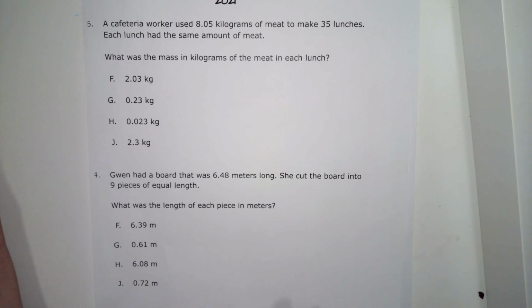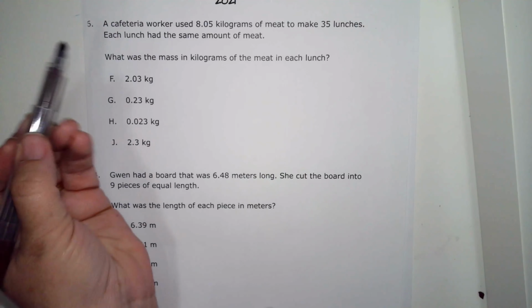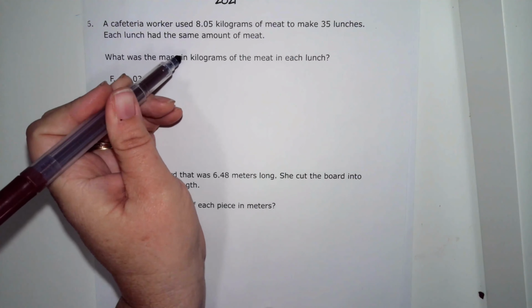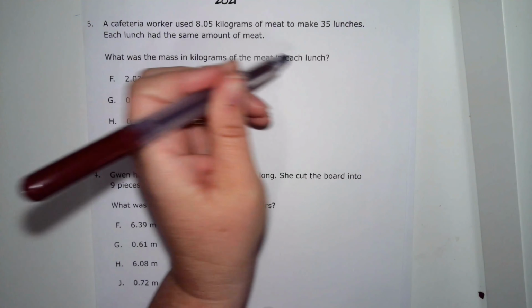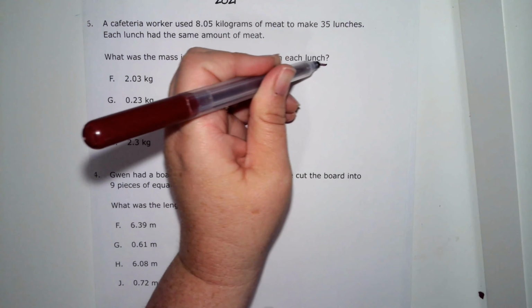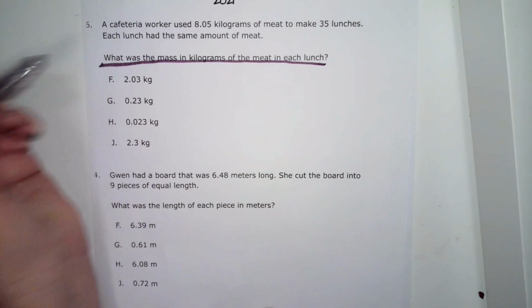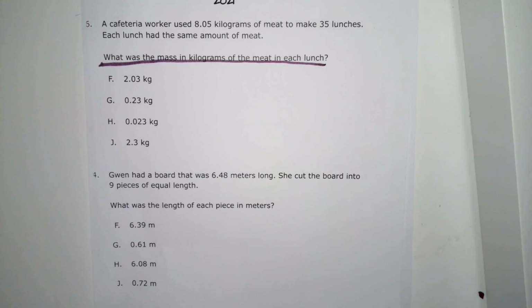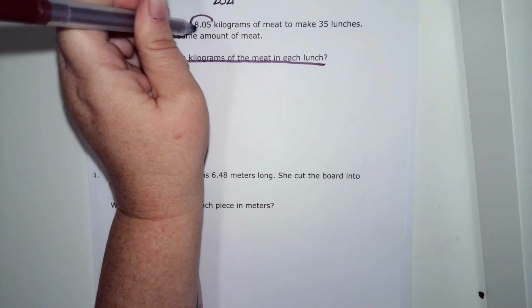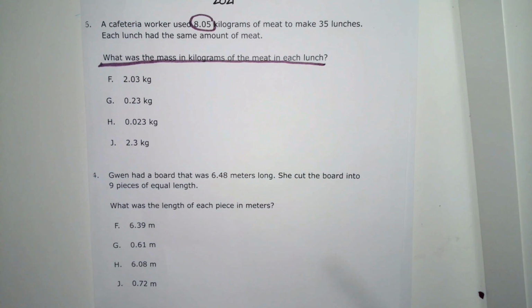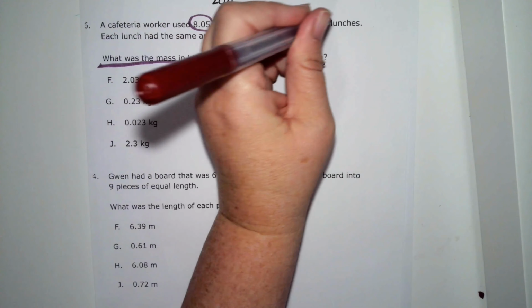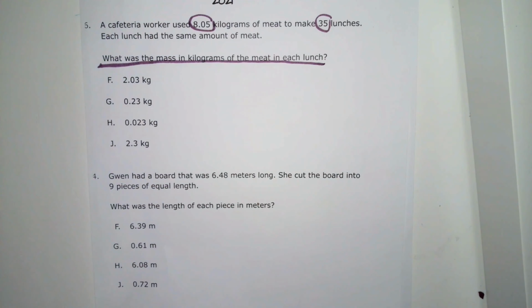So again, the very first thing we always do is we underline that question. What was the mass in kilograms of the meat in each lunch? So I'm going to underline that. And again, when I think about each, I know that my total is 8.05 kilograms of meat. That's my total. And I need to make 35 lunches.